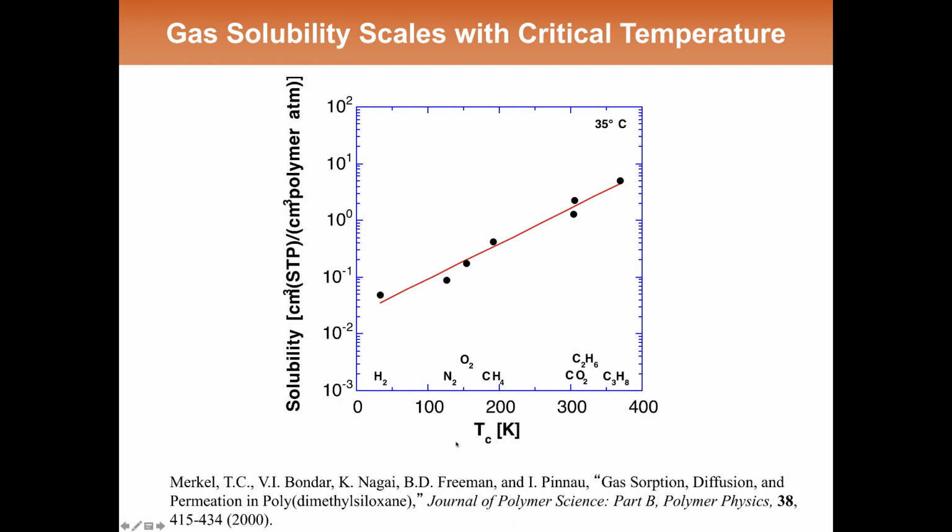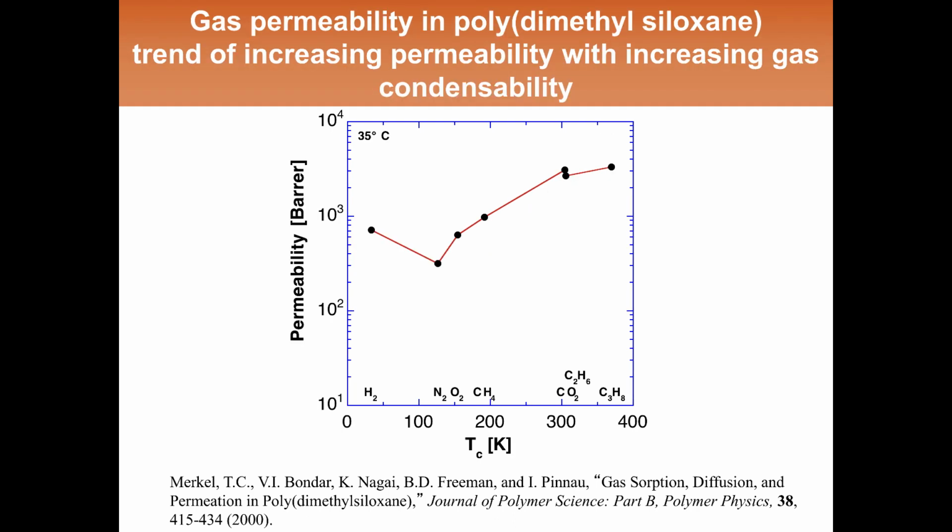Delta H, the enthalpy change on vaporization, can be used as the x-axis for this plot and get very strong correlations with solubility. Gases that have large delta H of vaporization tend to be highly soluble in liquids. And so this is something that we see almost ubiquitously in gas solubility in polymers, and Graham had observed it well over a century ago.